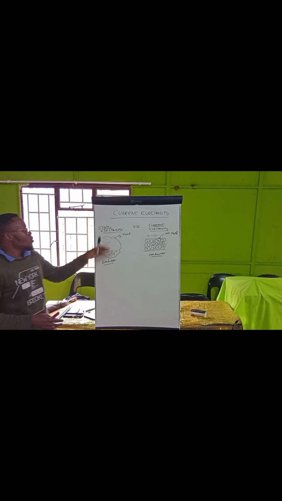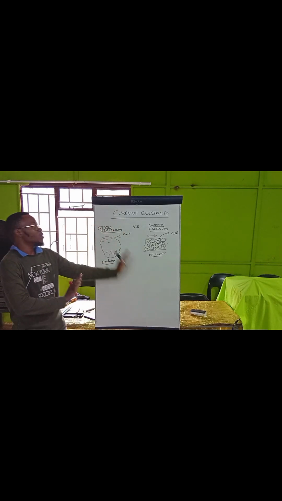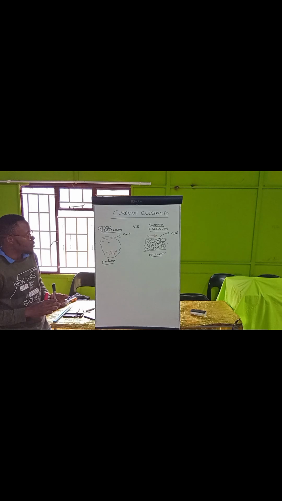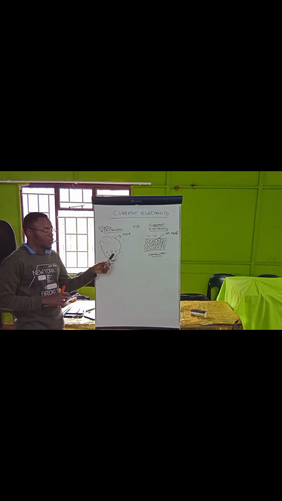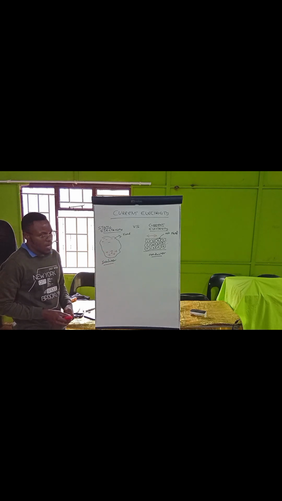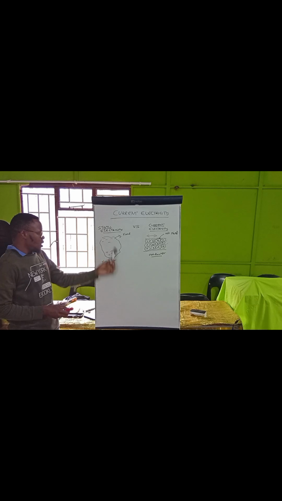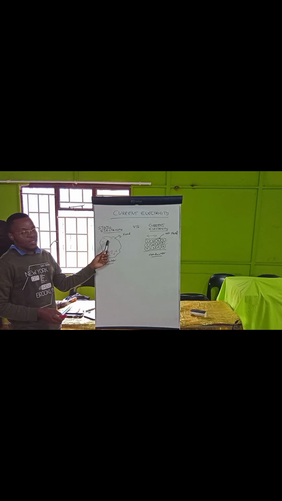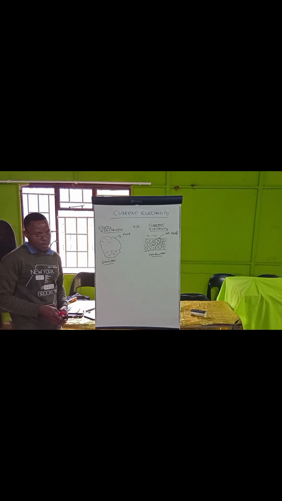When we are talking about current, or the transfer of charge, we'll be basing it on electrons, not on the positive charges. If you look at the charges in this illustration of an insulator, the negative charges are fixed in one position and the positive charges are also fixed in another position.